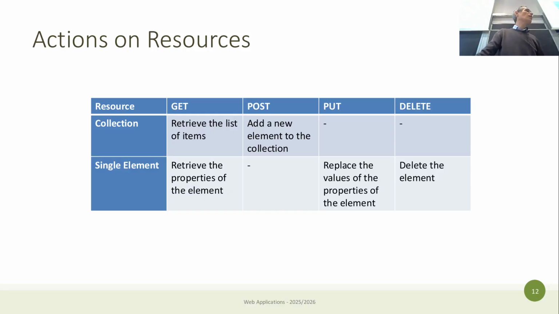Get items to be bought, all the items that can be sold by the shop. Okay? Single element retrieves the properties, the information that is related to the element. Get student S1234 gets the name, first name, last name, the date of birth, I don't know, the exams that have been passed and so on, whatever you want. Okay?